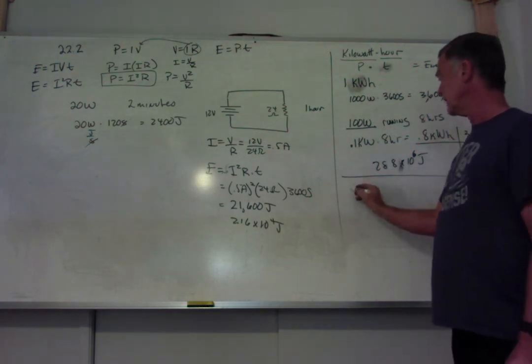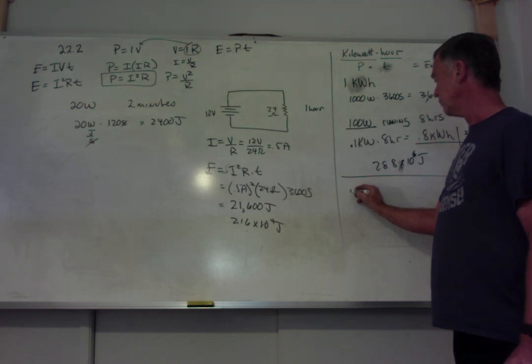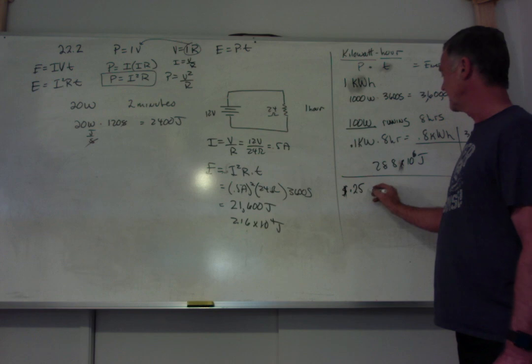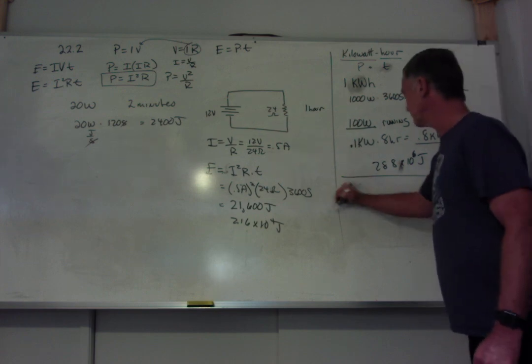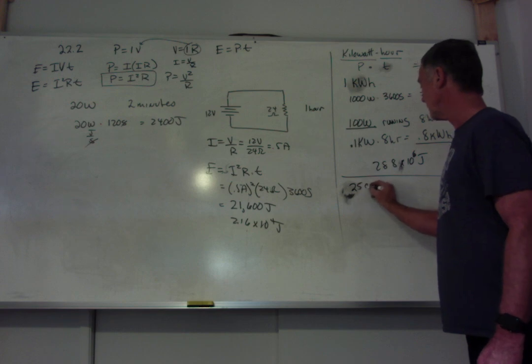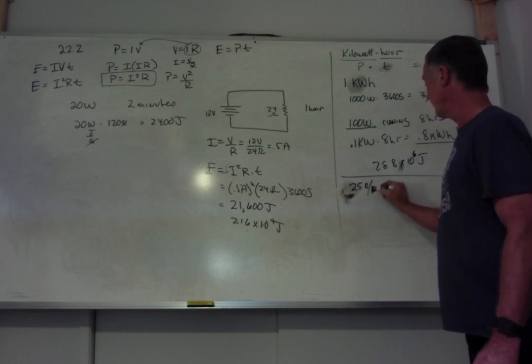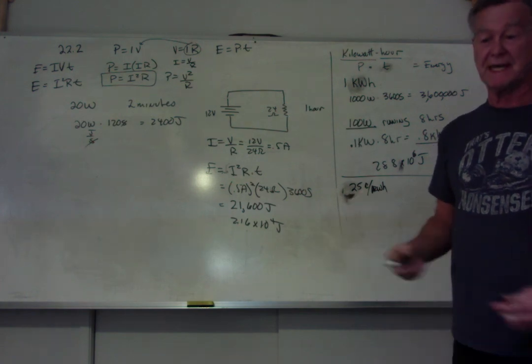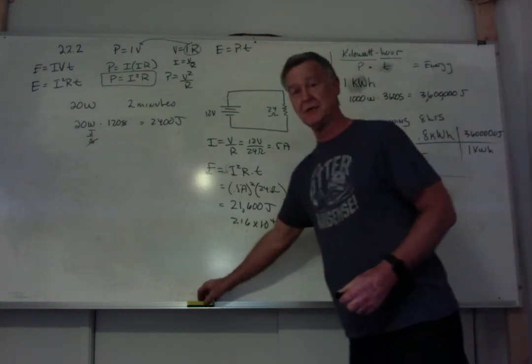So right now, electricity rates are somewhere around 25 cents per kilowatt hour. Or sometimes it goes up to 50 cents in California. California is actually quite expensive.